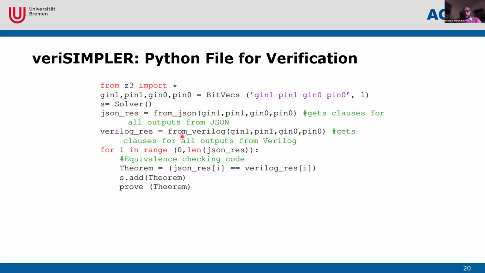And from Verilog, we took the clauses. This is how you can call for equivalence check in Z3. While we have used the Z3 solver here, other solvers could also be used, because at the end of the day, once you have the Boolean equations of both of the files, you can use any solver of your choice.